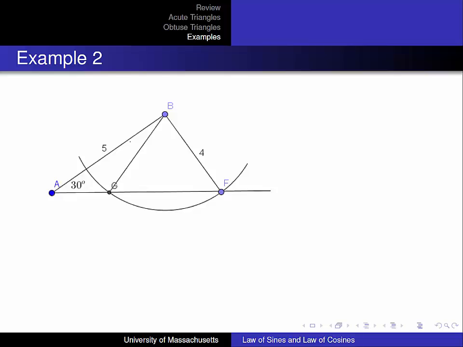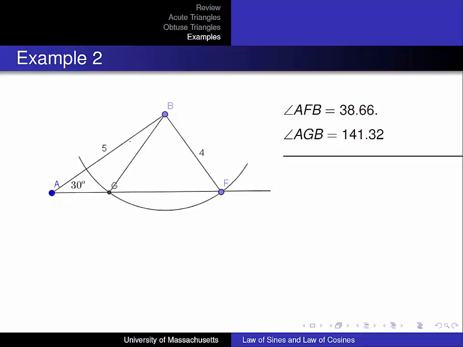Now, if you draw a circle of radius 4 centered at point B, that indicates all the places where side BF, which is length 4, could possibly be. And so you see that it intersects the ray at point F and at point G. So there are actually two different possible triangles that have a 30-degree angle and two sides of 5 and 4. Angle AFB is going to be 38.66, and angle AGB is going to be 141.32.